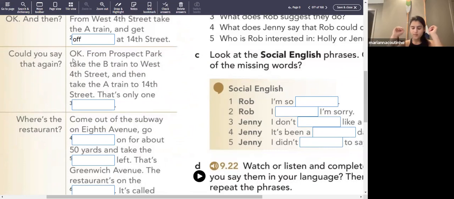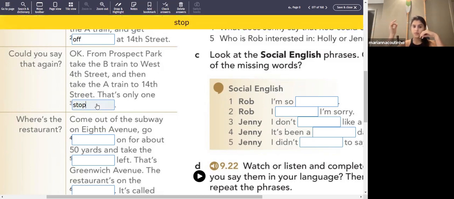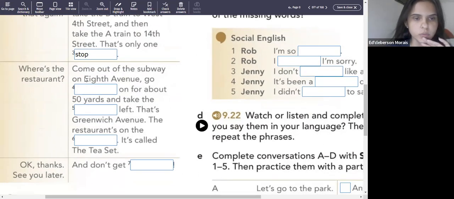Okay, from Prospect Park, take the B train to West 4th Street. And then take the A train to 14th Street. That's only one stop. Awesome. Next one.